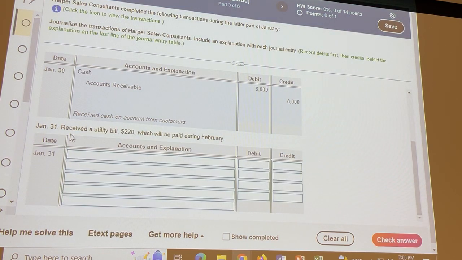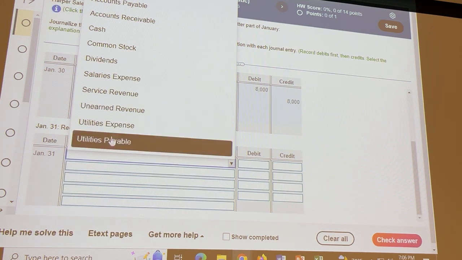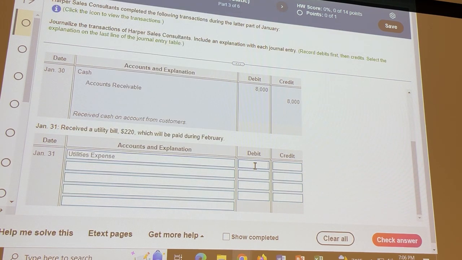Okay, received a utility bill, $220, which will be paid during February. So this is similar to an example that we had during the lecture. The account that you would debit would typically be the expense account. So utilities expense, $220.